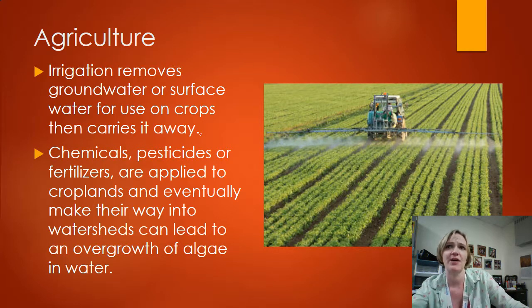You don't want to buy your corn with a bunch of bugs in it, so they have to put pesticides on it to kill the bugs. You want your corn to be nice and big and healthy and yellow and awesome, so they have to put a bunch of fertilizers on it to make it grow as big as possible, as quickly as possible. So they just put a lot of stuff into farming that is not necessarily good for the water.